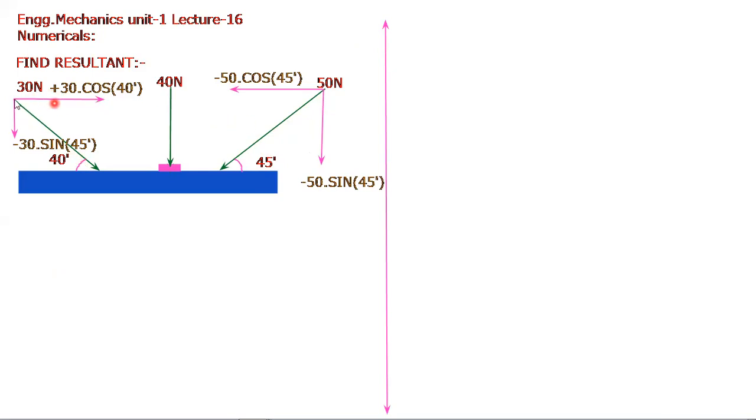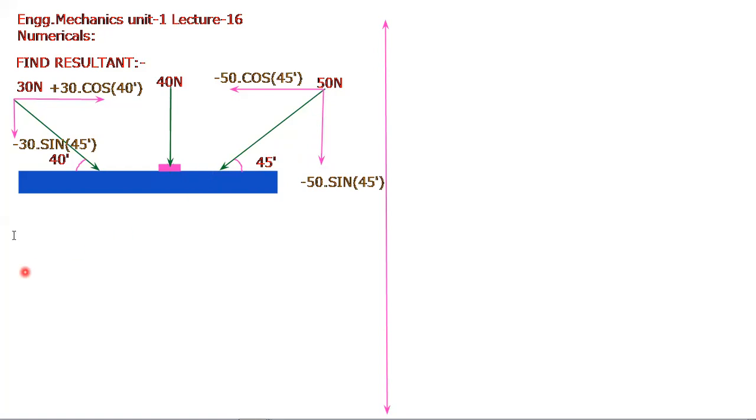Here also along the direction we have split it, and then after splitting you just observe which quadrant it is in, whether its horizontal component is towards positive x-axis or towards negative x-axis, then whether its vertical component is towards positive y-axis or towards negative y-axis, then accordingly you decide its sign convention, you decide its sign.